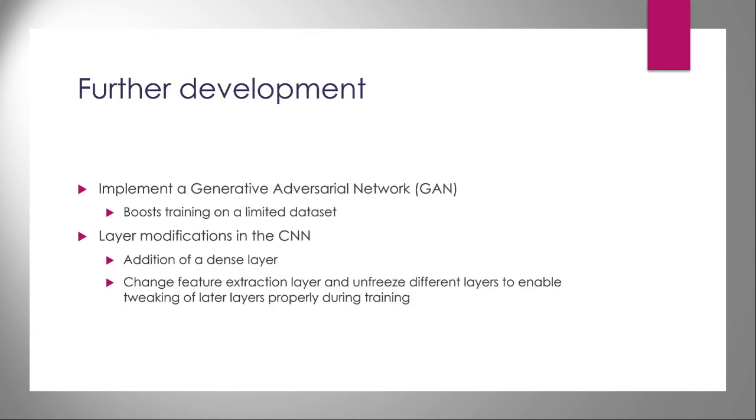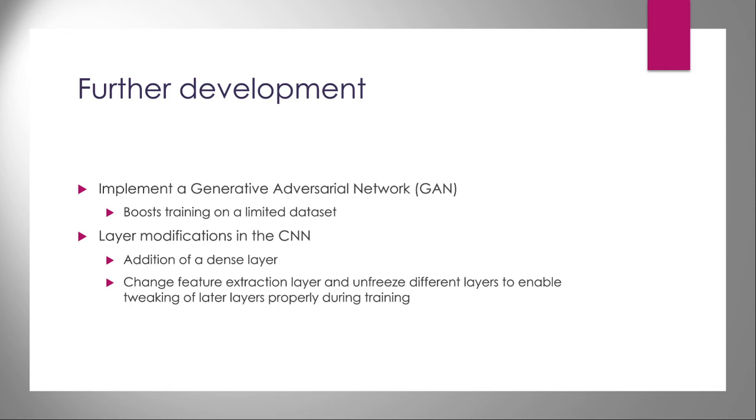Further development would include the creation of a generative adversarial network, which would boost training on a limited data set. So this is a model that would create new data or generate new data from the existing data. Also, some layer modification would have been good to do on the model's neural network, such as adding an additional dense layer and changing some of the feature extraction layers.